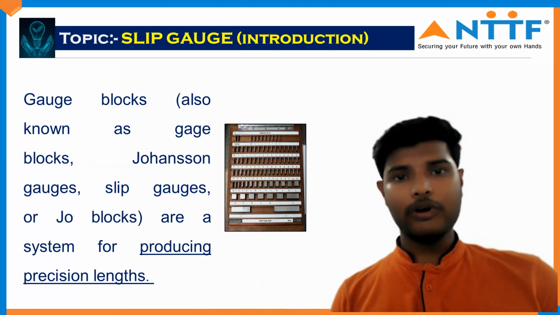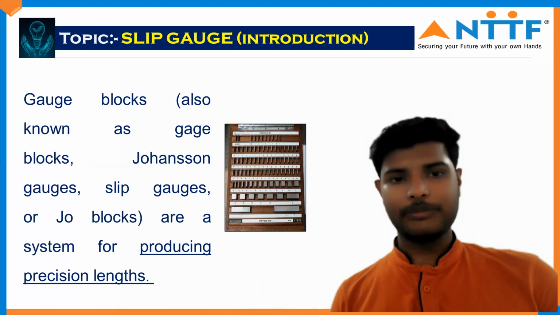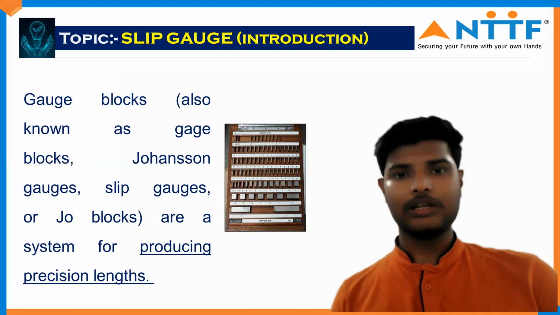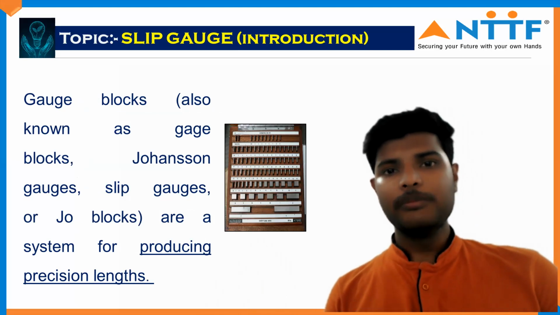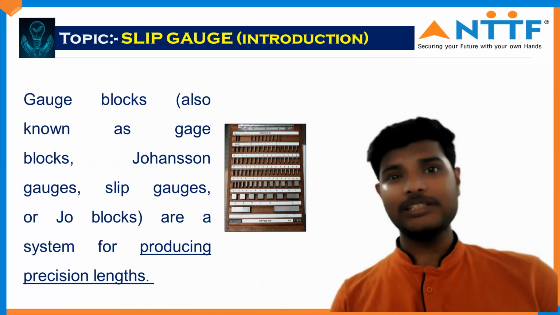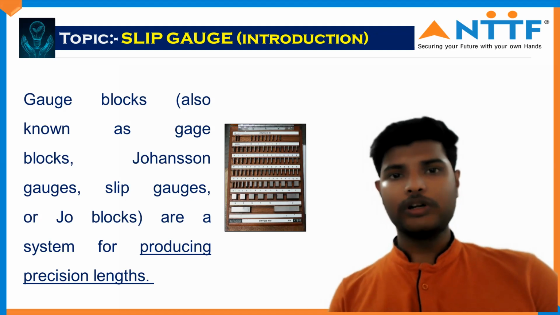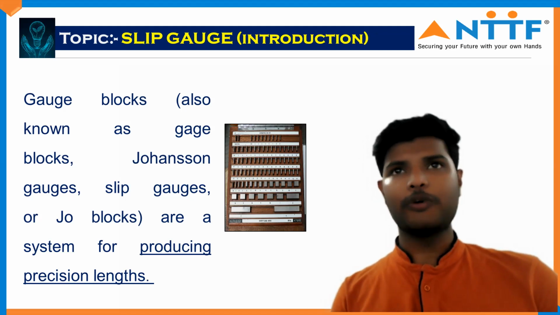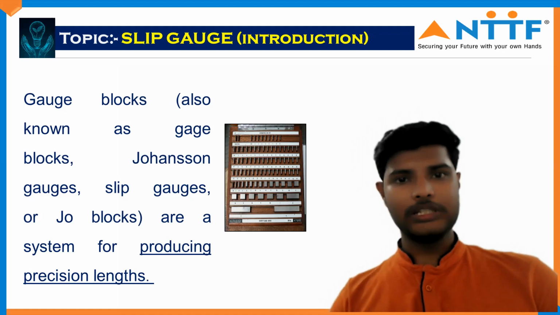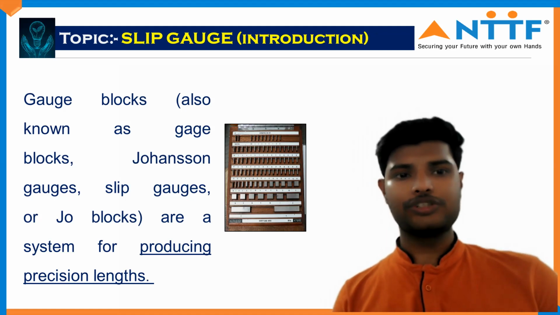So what we are going to learn about this slip gauge is precision length. If we want to do machining according to precise and accurate machining, or any accurate work on material, it should be very precise, like 0.001 least count. So this is the best instrument that we are going to learn about, that is slip gauge.